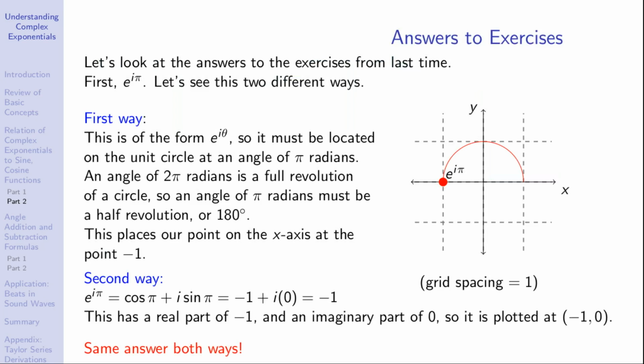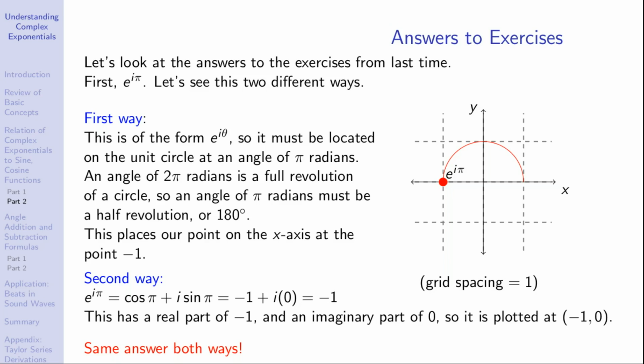Okay, let's look at the answers to the exercises from last time. First, e to the I pi. Let's see this two different ways. The first way: this is of the form e to the I theta, so it must be located on the unit circle at an angle of pi radians.